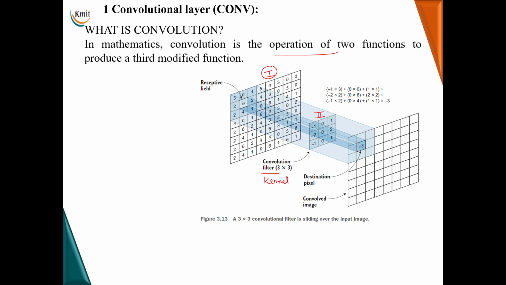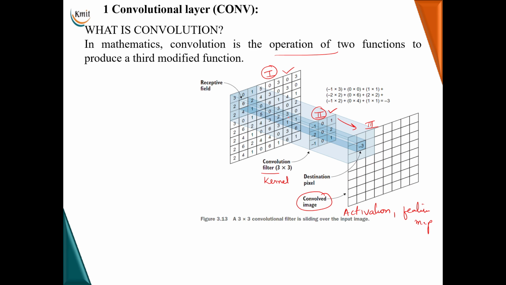Mathematical operations of these two functions are performed to generate a third modified function, which is called the convolved image. You also call it the activation map, and you also call it the feature map. These are the different names given to the output modified function we get by performing the mathematical operation on these two functions.